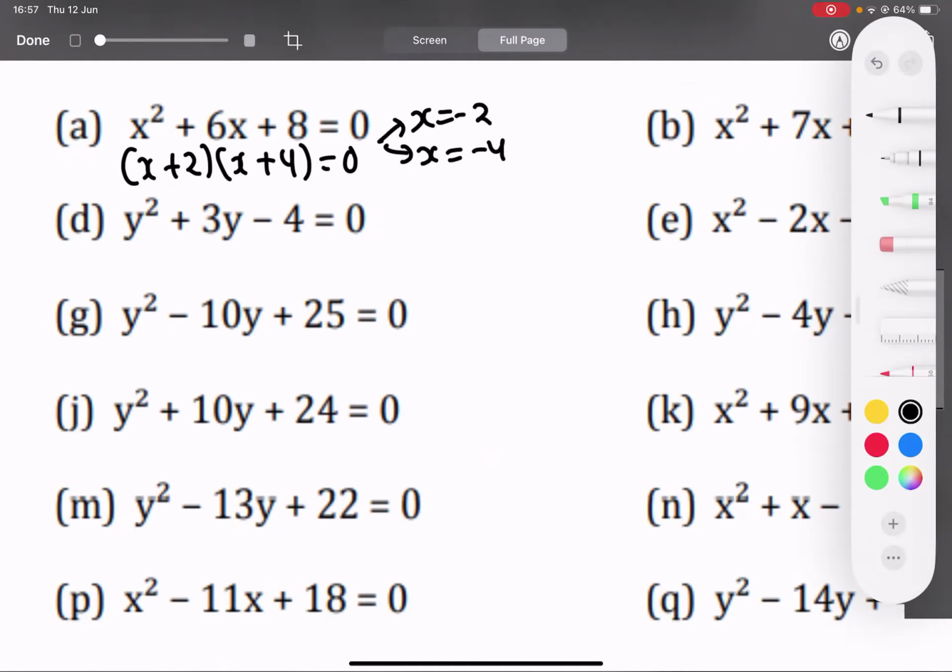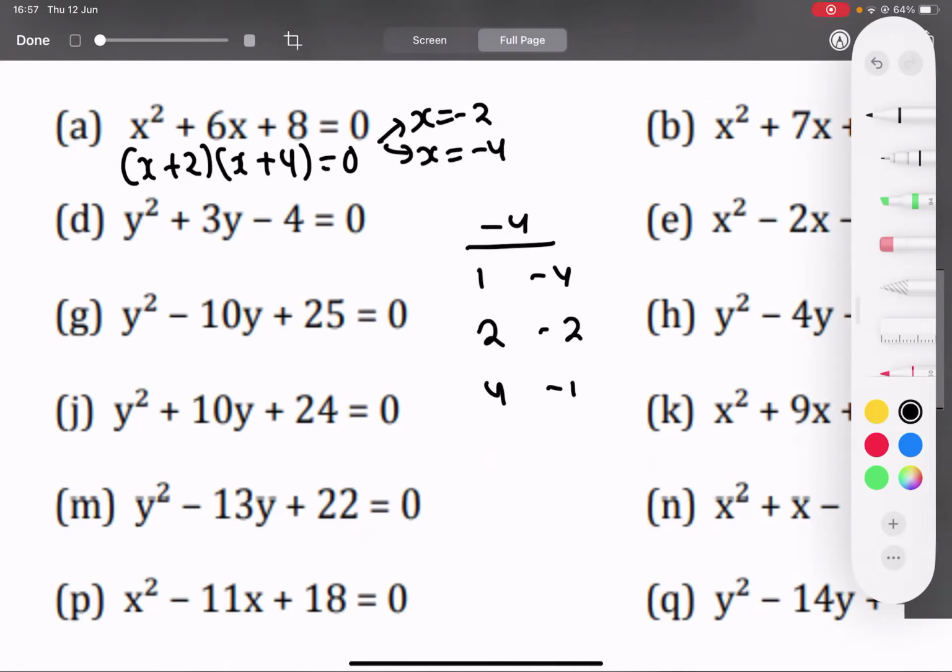Cool. So what about the next one? What do I need two numbers to times to make? Minus 4. So you can have 1 and minus 4, 2 and minus 2, or 4 and minus 1. Those are all the combinations that work. 4 and minus 1. Perfect.